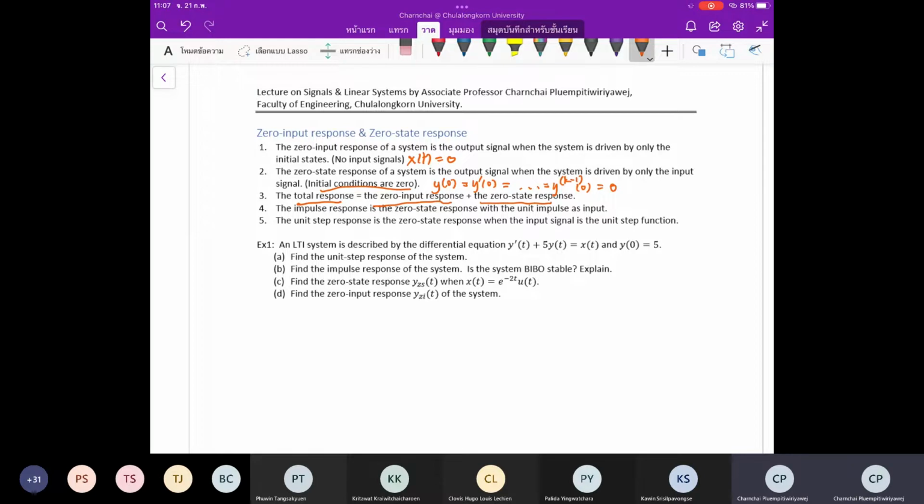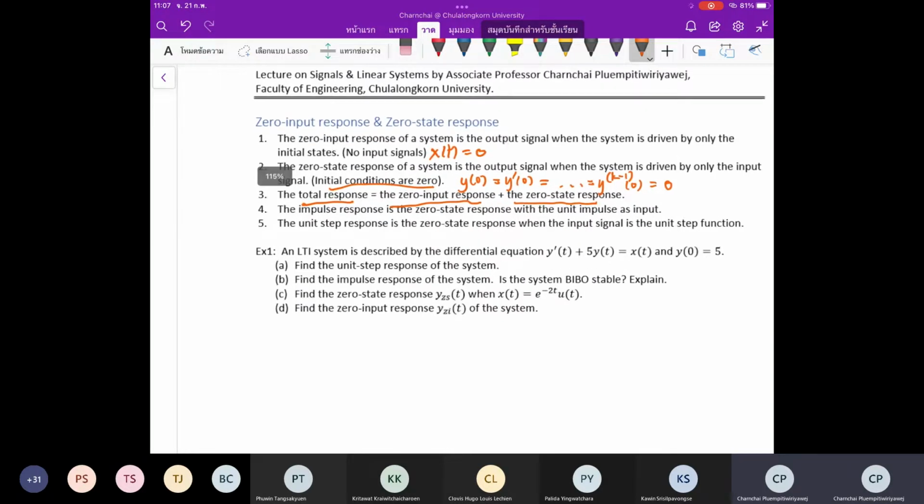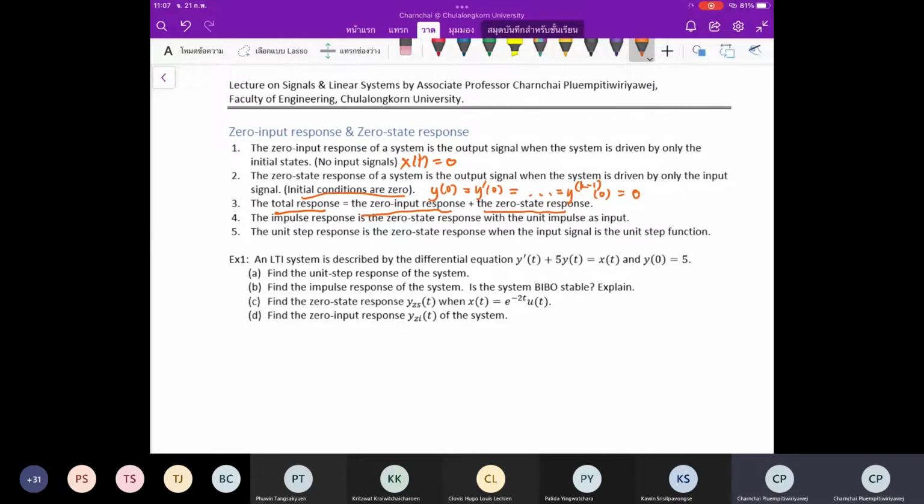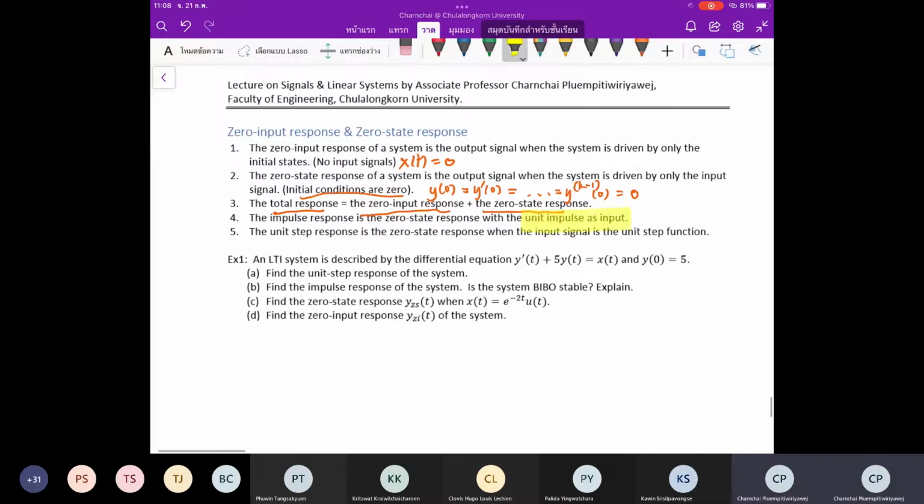What's the impulse response? Well, we learned that already. Impulse response is the output when the input is the unit impulse. It is the zero state response.